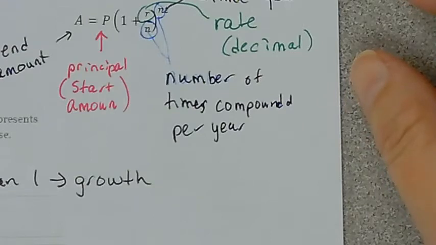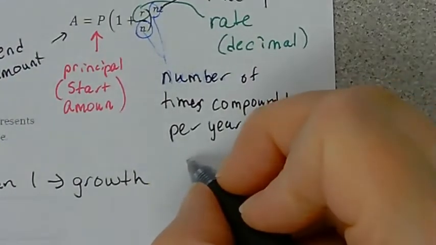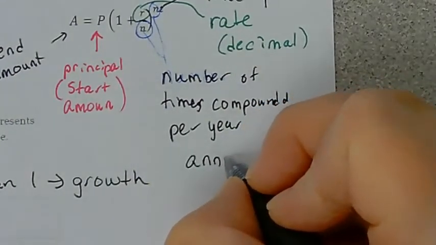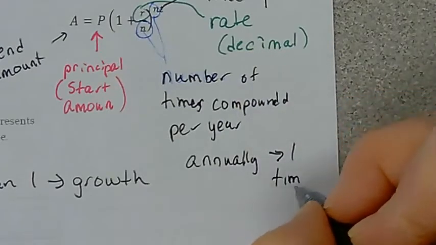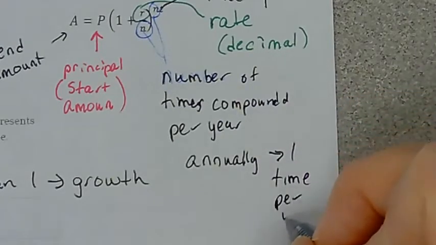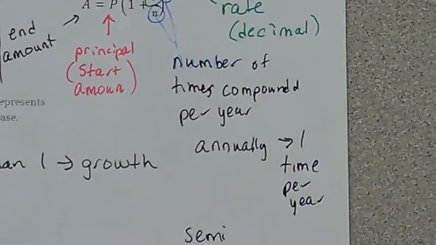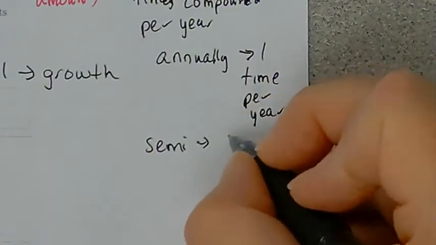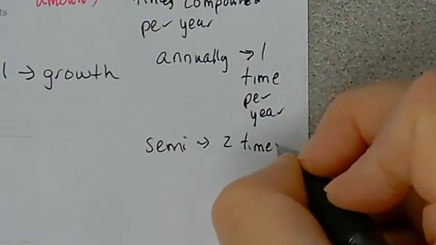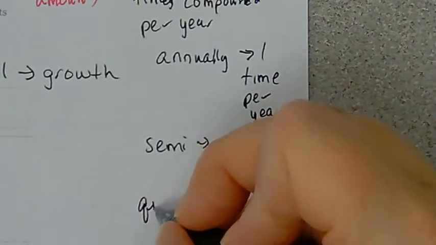So N represents the number of times that something happens per year. So if I said that something happened annually, that would be one time per year. If I said it was semi-annually, what would that be? Yeah, semi means two, so it would be 2 times per year. What about quarterly?